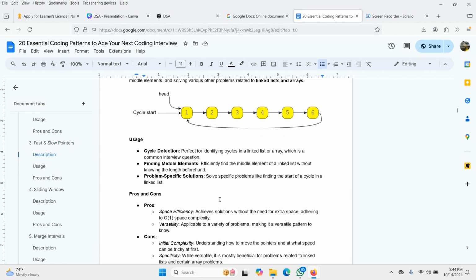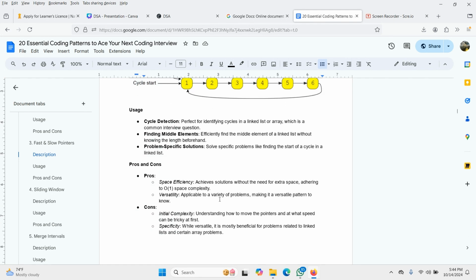Next, what are the pros and cons? The most efficient advantage of this coding pattern is that it takes no extra space, so it has O(1) space complexity. It is also applicable to a variety of problems, making it a versatile pattern to know.